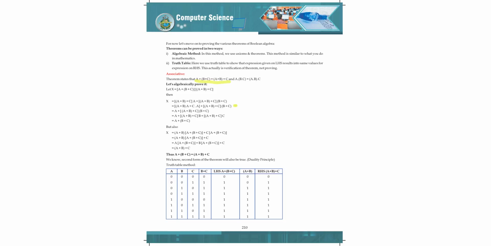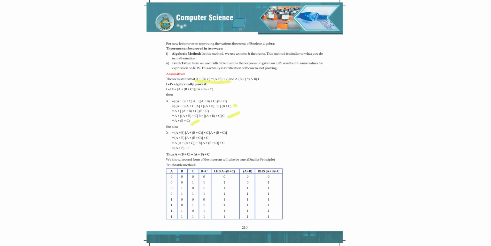Then after solving this, a plus b dot a, and here c a, and from this you will take b c common, a plus b c. Okay. After solving this, you will get the resultant, and at last you will get a plus b c. Fine.